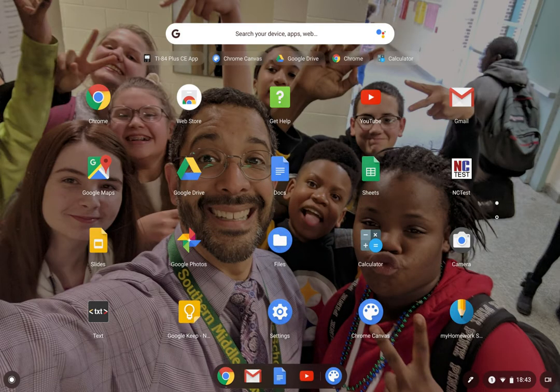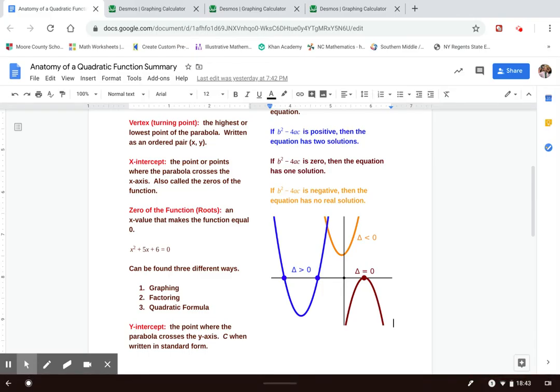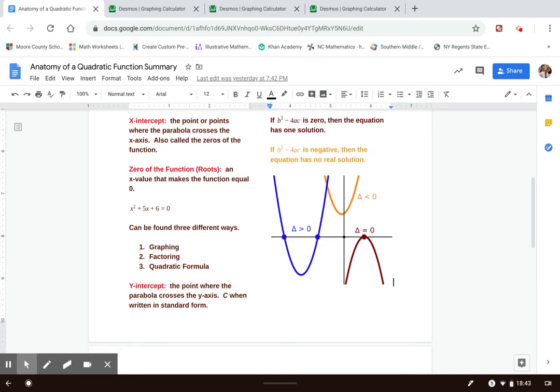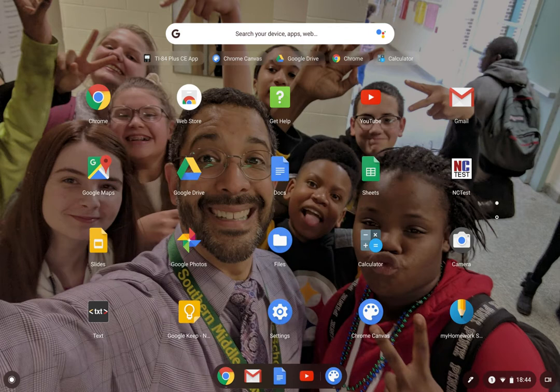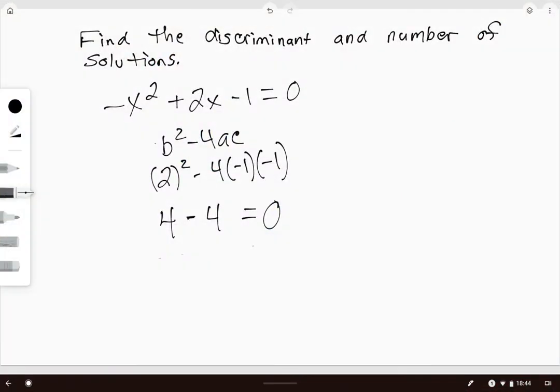So if I come back over here to my anatomy of a quadratic function, if b squared minus 4ac is 0, then the equation has one solution. So if I go back to my Canvas page here, this is going to be one solution, because it equals 0.